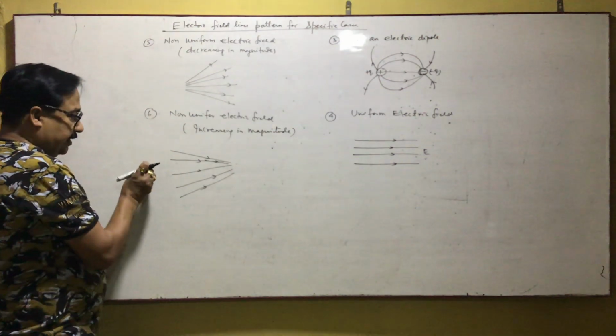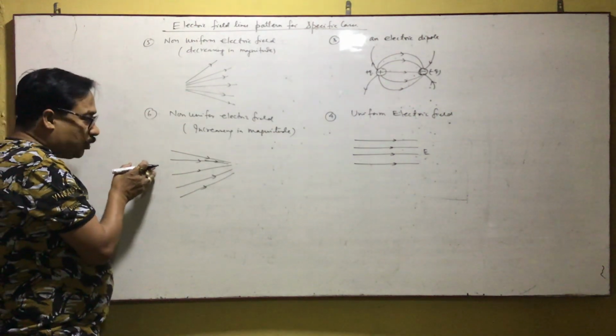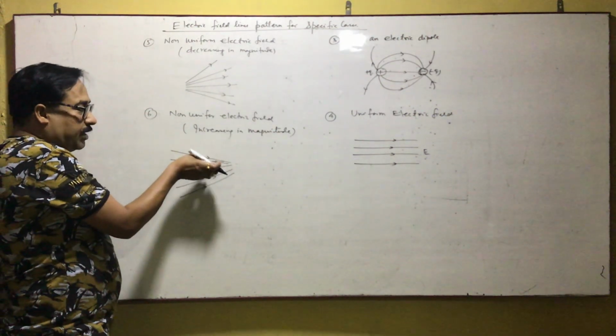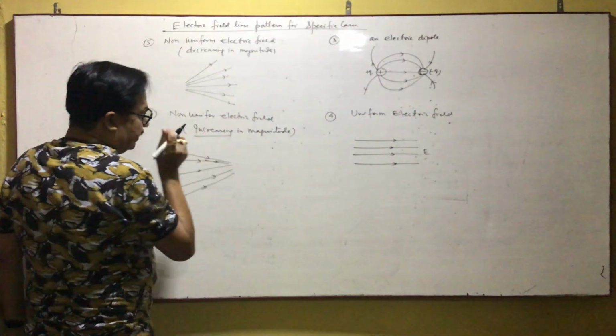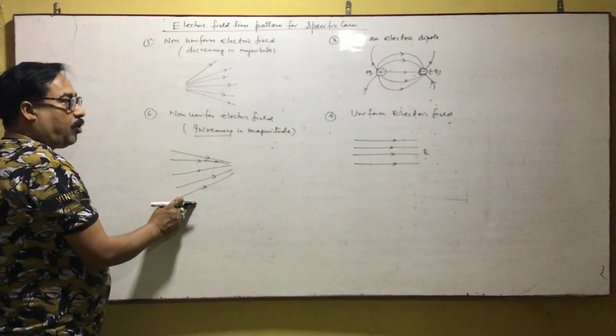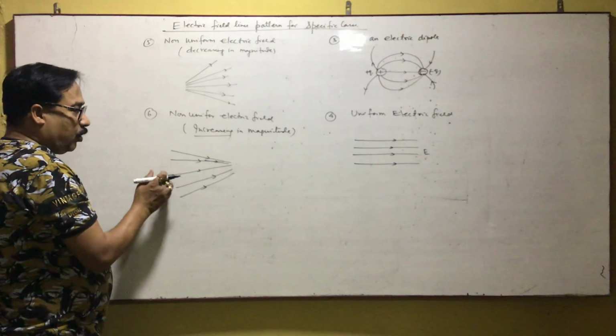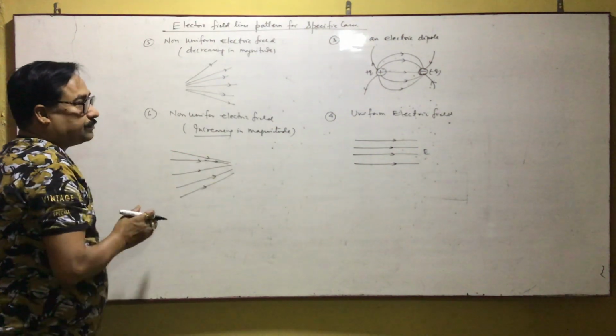So this is the electric field gradually coming closer. From low value to high value, so the magnitude is increasing. So once again a non-uniform electric field and the value is gradually increasing.